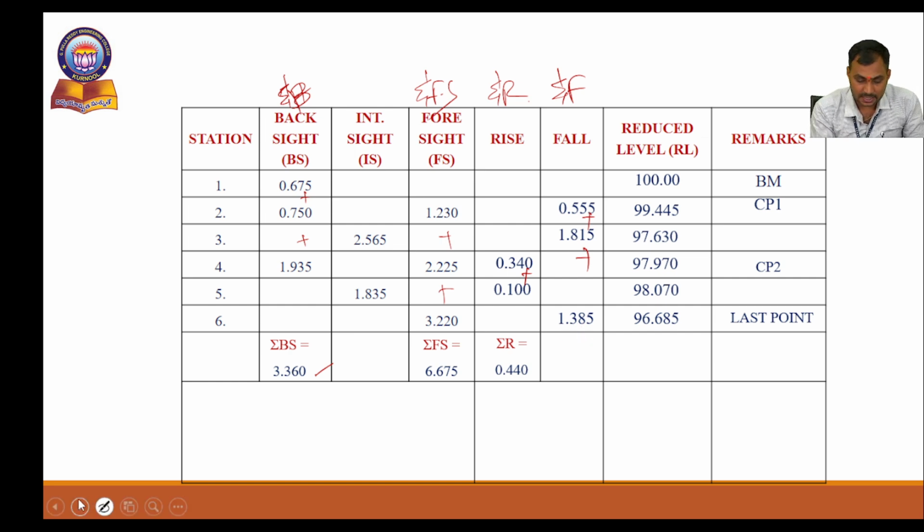The summation of fall value is 3.755. And the last thing, last reduced level minus first reduced level, nothing but 96.685 minus 100. How much will the value be? Minus 3 something.